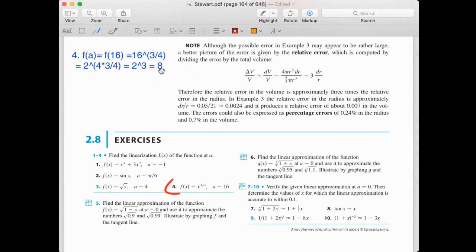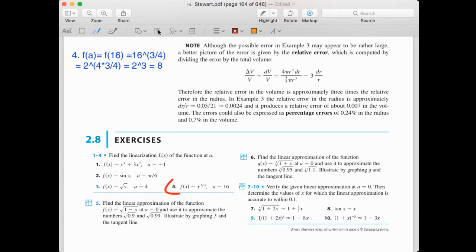And we want to use this value to approximate the points around it. Think about a point that might be 15, or maybe 15.99, or maybe 16.01, and so on. We want to use this nice point to approximate the points very close to it. So we need to find the derivative of this function.